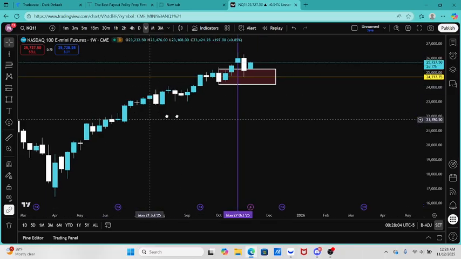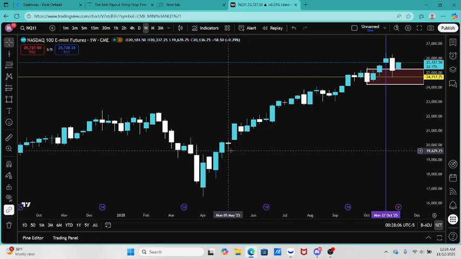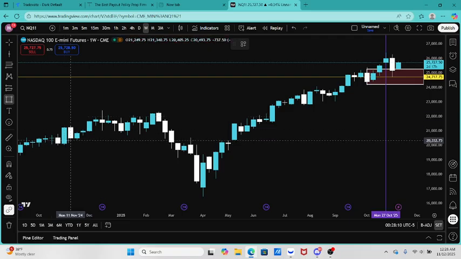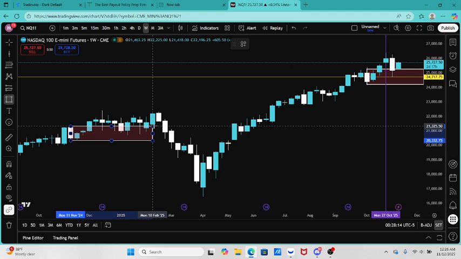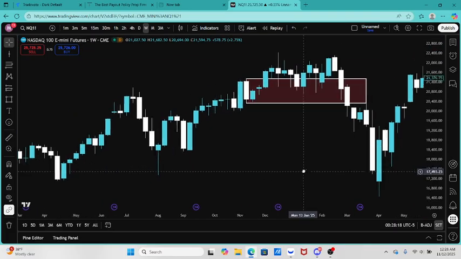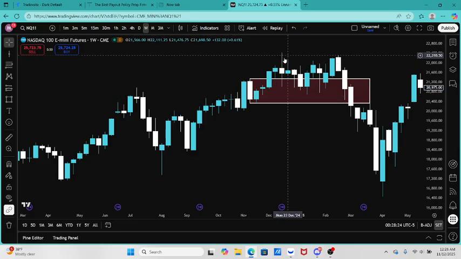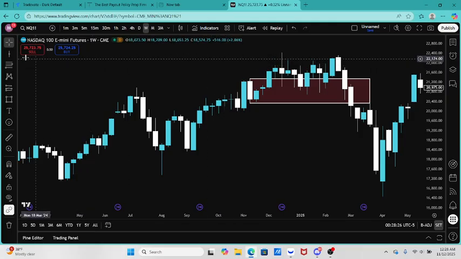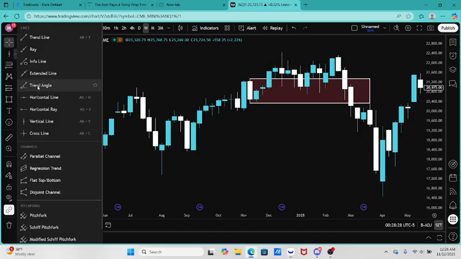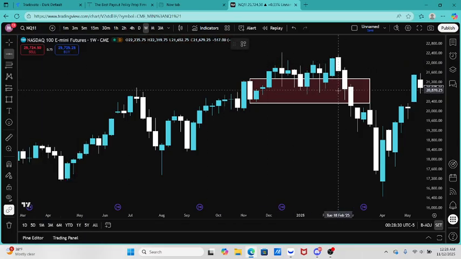An example of that would be something like this, okay? Here we have a move up, have this order block right here. I'll just drag that all the way over. So we had this move, we had this order block here, we had this move up, and then let's mark out that midpoint of the gap around there.